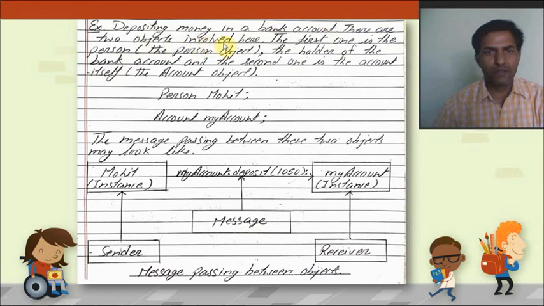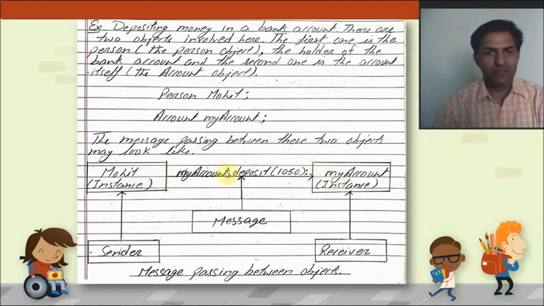There are two objects involved here. The first one is the person object, the holder of the bank account, and the second one is the account itself. Now the person name is Mohit, and the account is my account. The message passing between these two objects may look like this: Mohit, that is an instance, and my account, that is also an instance.